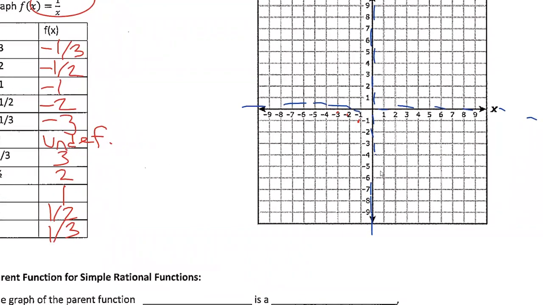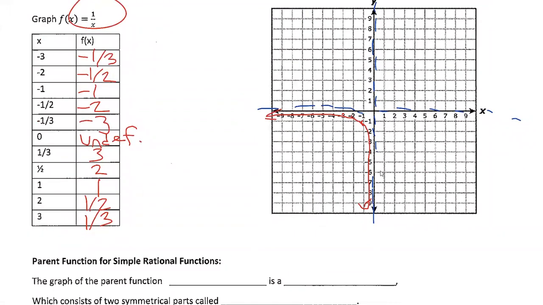So when we graph these first points, our graph's going to get really, really close to the x-axis as it goes to the left. And then as this part goes to the right, it's going to get really, really close to your y-axis, but never touch and never cross.